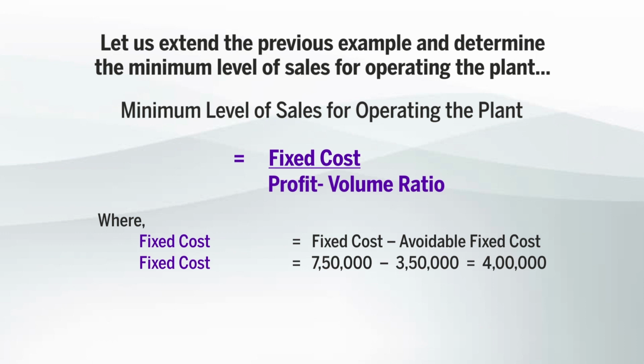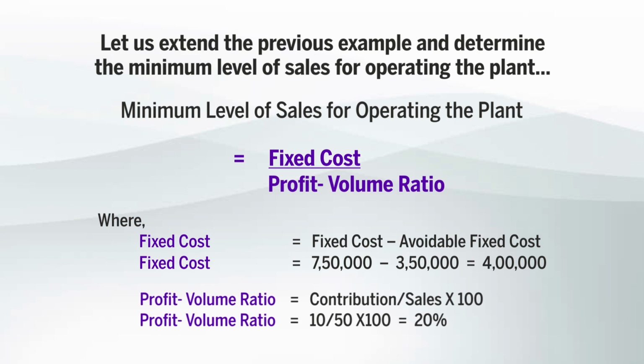Now the second is profit volume ratio. The formula is contribution divided by sales into 100. Contribution is given in the example itself. Per unit contribution is rupees 10 and per unit selling price is rupees 50. So 10 divided by 50 multiplied by 100, our profit volume ratio is 20%.